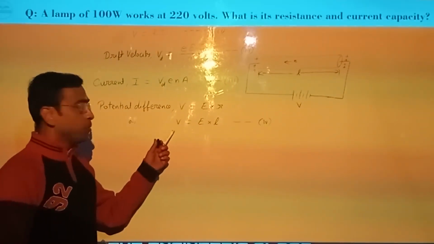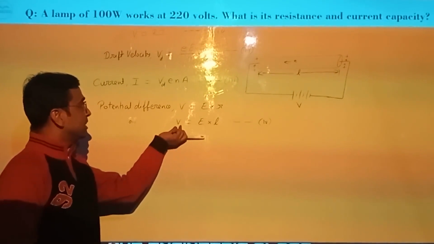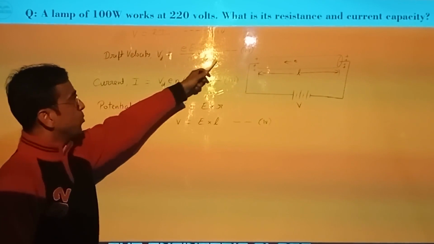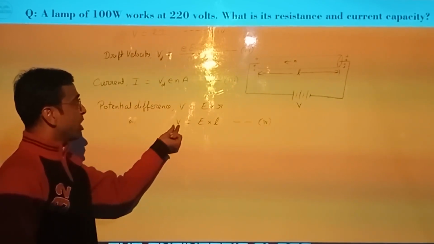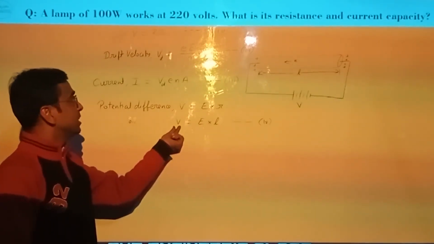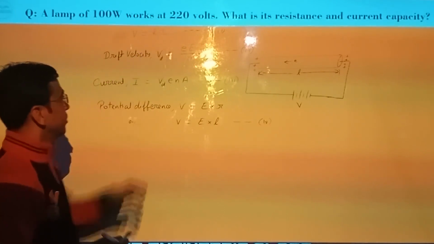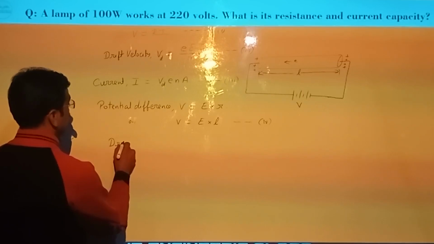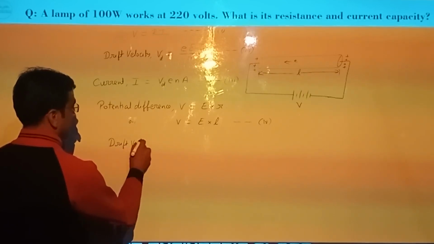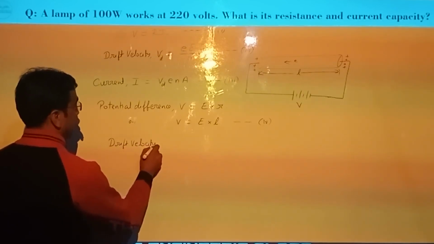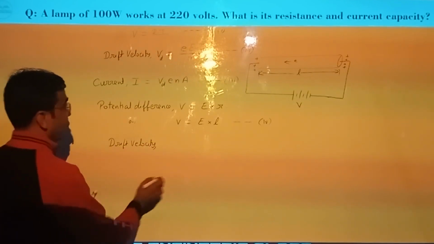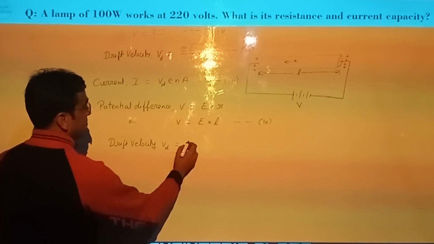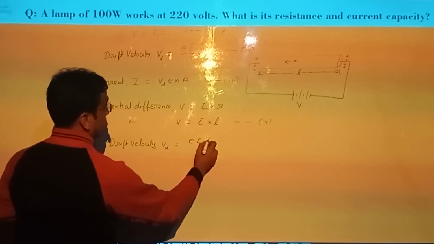Now we put the value of electric field from equation number 2 into the drift velocity formula. So now I am writing again the formula of drift velocity, that is eE tau upon m.